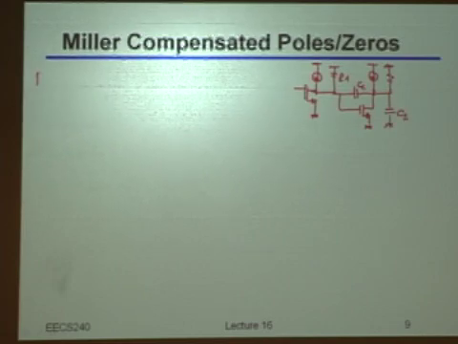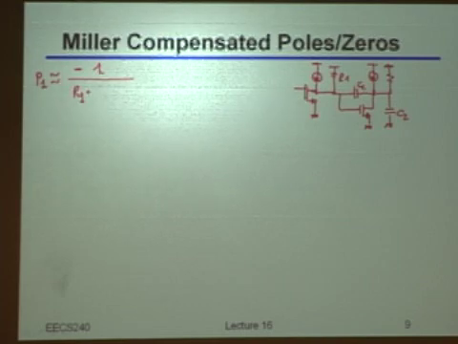So here I am. Let's find an approximate expression for P1. P1 is more or less given by -1 over the resistor R1 and the capacitor that this resistor sees.